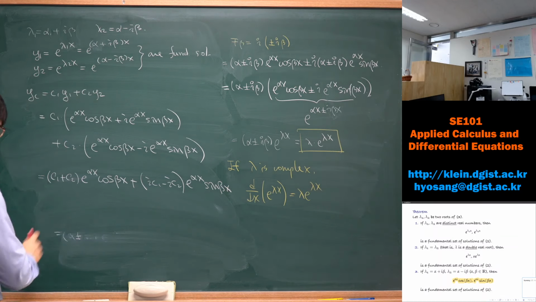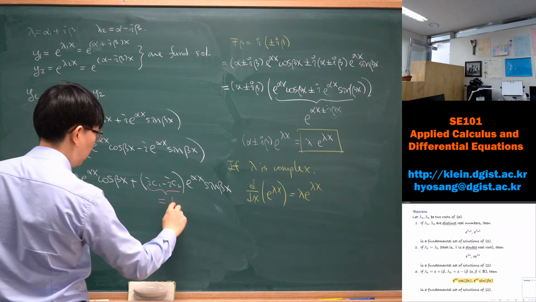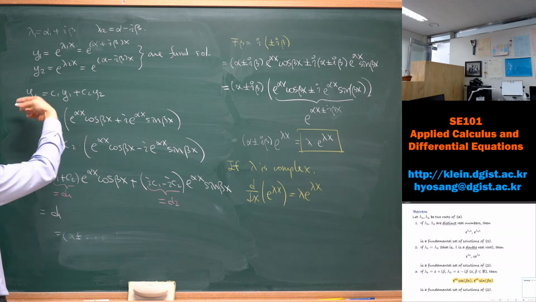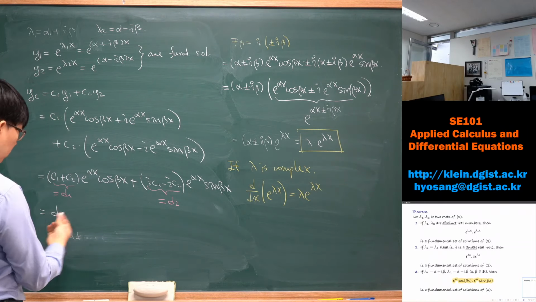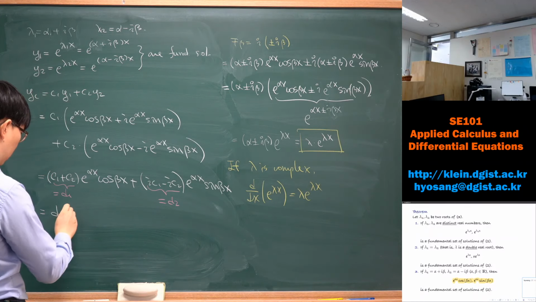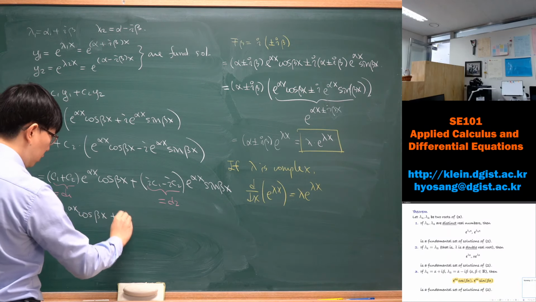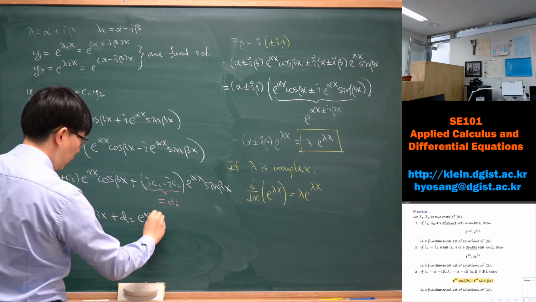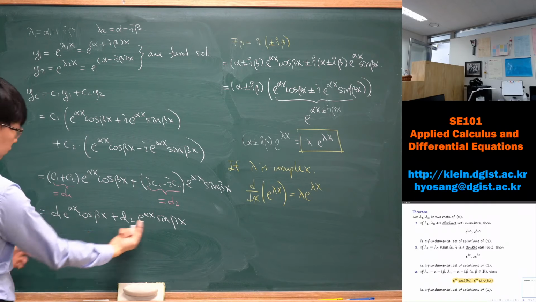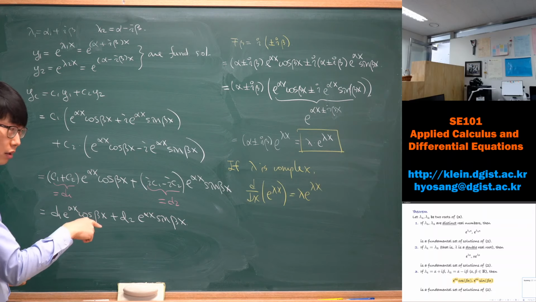And let's just replace this guy with D1 and this guy with D2. Then I can rewrite my complementary solution strictly in terms of real functions: D1 times e to the alpha x cosine beta x, and D2 times e to the alpha x sine beta x. So you have a complementary solution expressed in terms of real functions. There's no I in here.